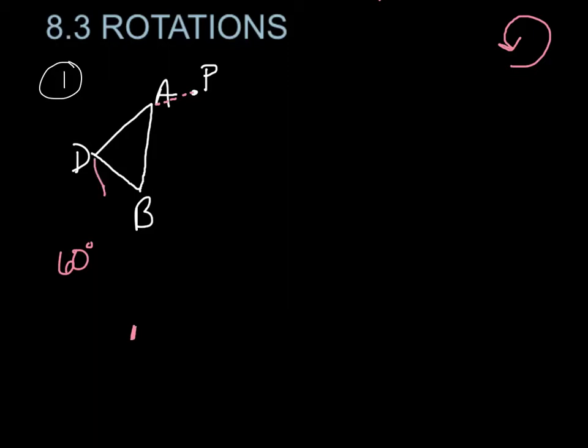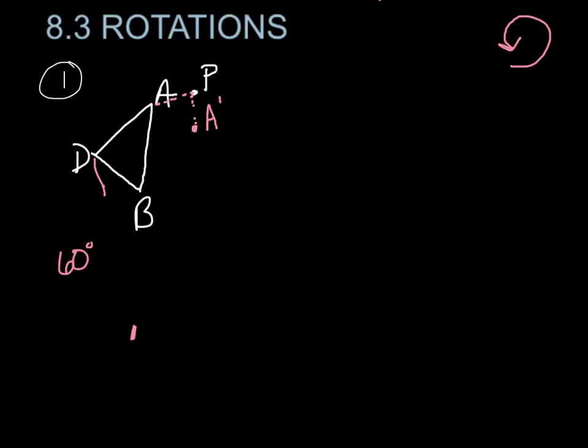So then 60 degrees would be right here, and that's going to be called A prime. Now remember, this distance, P to A and P to A prime have to be the exact same thing. So you have to use a measurement and measure to make sure it's the same distance.